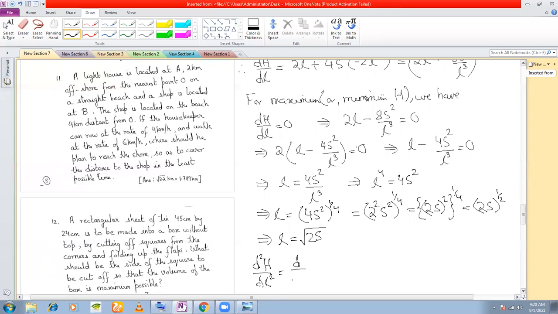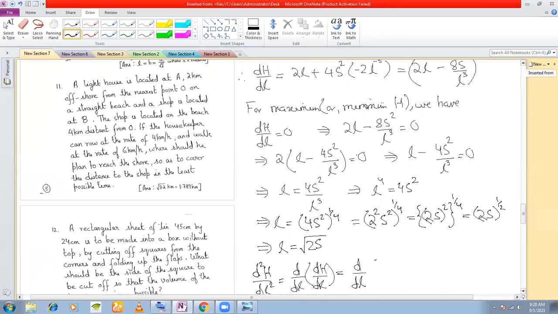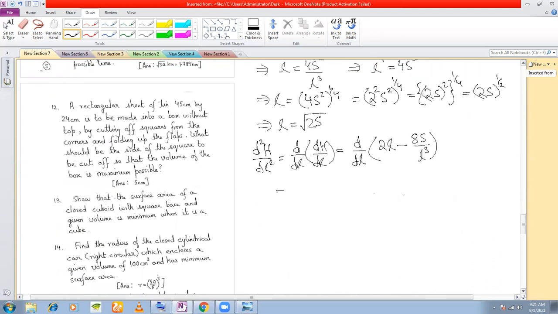It is equal to d/dL of dH/dL, and the dH/dL expression is here above: (2L minus 8s) divided by L cube. Differentiate this, we'll get 2 into d/dL of L, which is 1, so 2 into 1, minus 8s, which is constant, take it out of the differentiation.